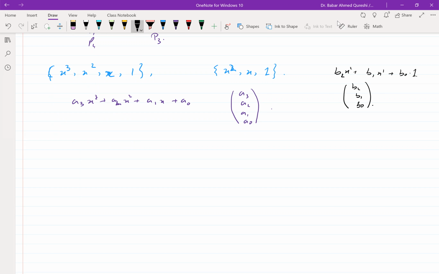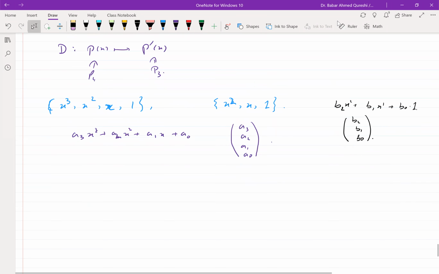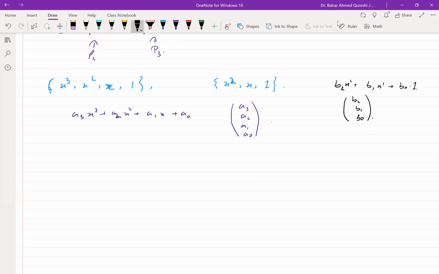So in other words, first of all, if I define it this way, is it a linear transformation? Is the derivative a linear transformation? If I'm given two polynomials, you know how to differentiate them, d by dx, and I can even multiply them with some constants.